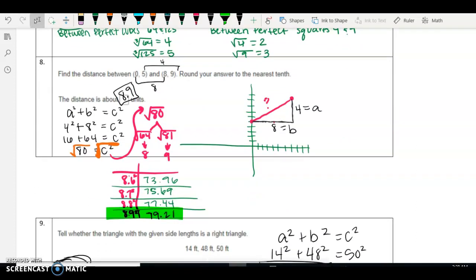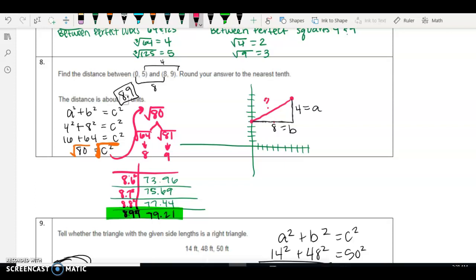Number 8 asks us to find the distance between the 2 points. So I drew a graph as one option, and then I also showed you up here that you can just find the difference between your x values and your y values, and that will also give you your a and b. Whenever it's our legs that we have, it doesn't matter which is a and b.